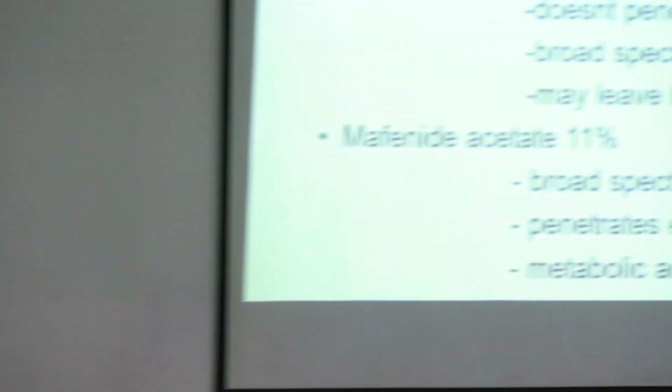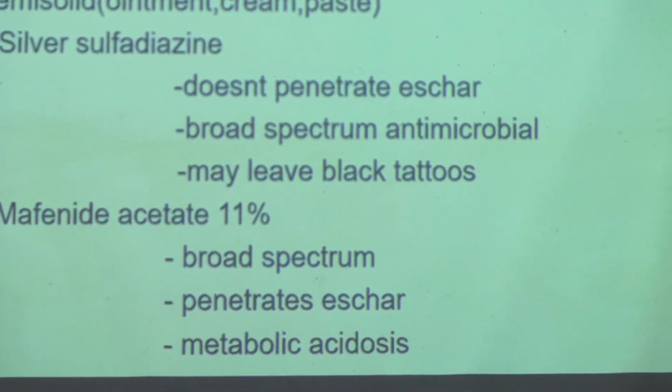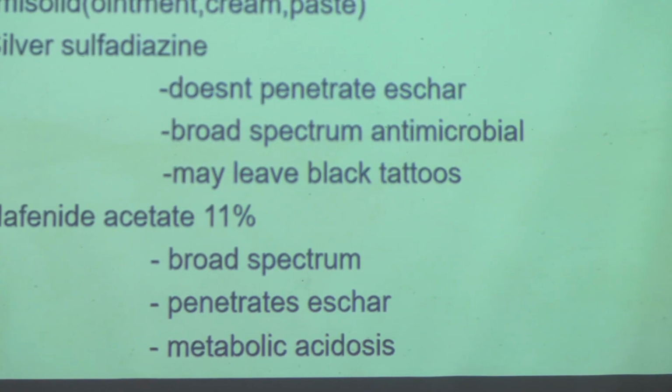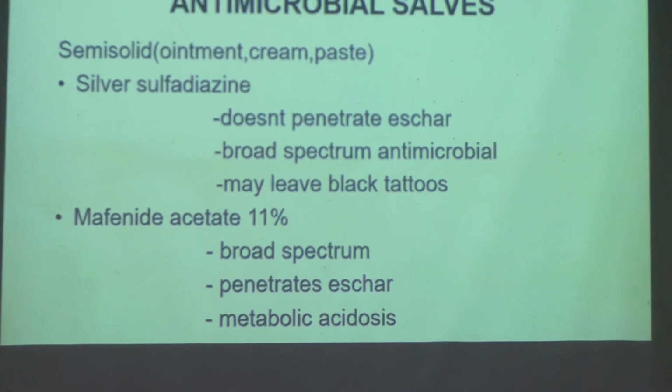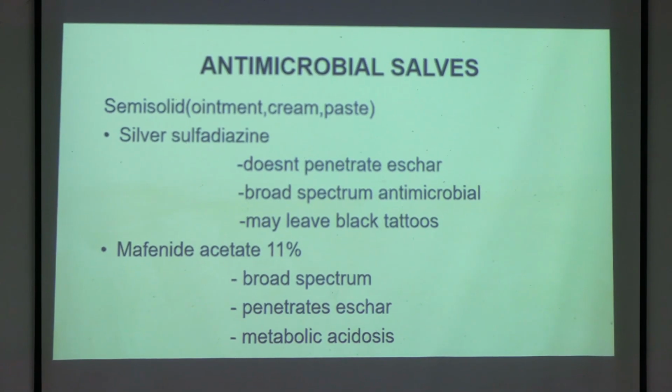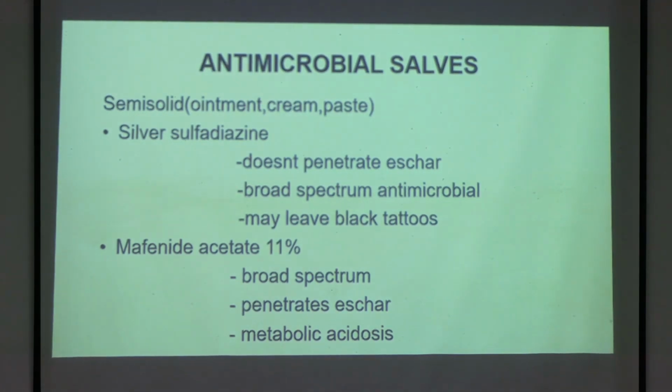Silver sulfadiazine cannot penetrate the eschar. That is the disadvantage, but it has a broad spectrum antimicrobial effect, which means it can kill both gram-positive and gram-negative bacteria.